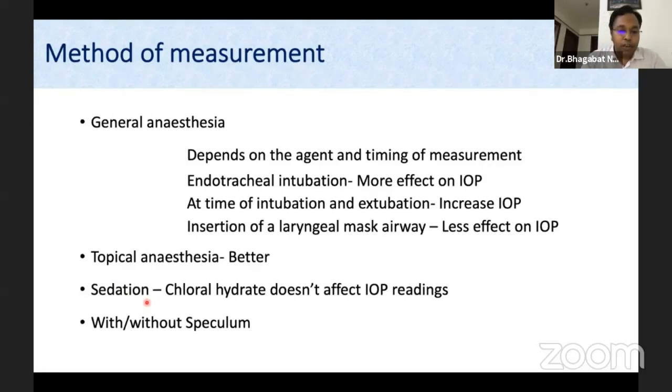One important thing I want to say is that in examination under anesthesia most people use the speculum. But during the time of IOP measurement, if you can just spread out the lids with fingers and take the IOP, that will be better, because the speculum increases the IOP by up to 4 millimeters of mercury, as the literature says.